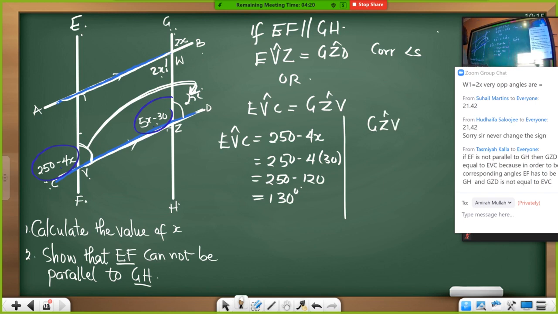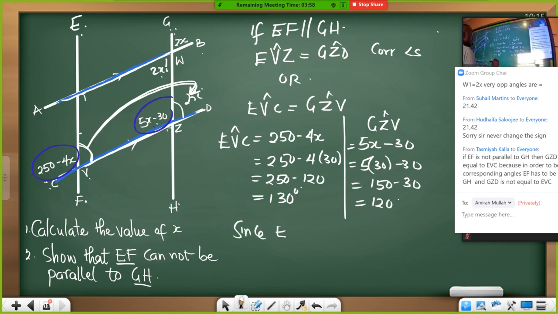Let's look for G. What do we know? GZV, 5x minus 30. 5 times our X, which is 30, minus that. What do we have? 150 minus that, which is 120.